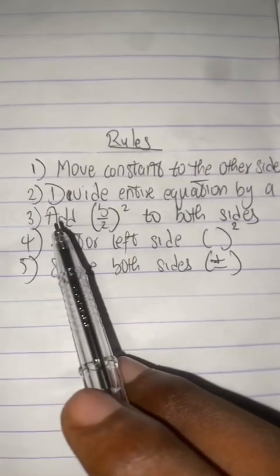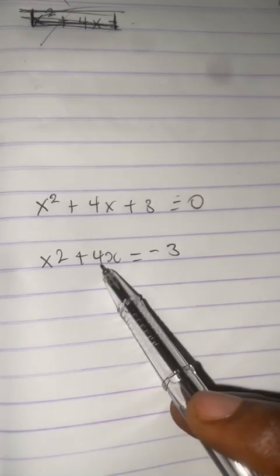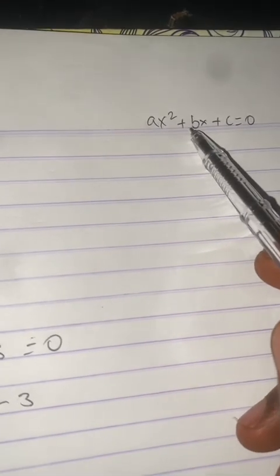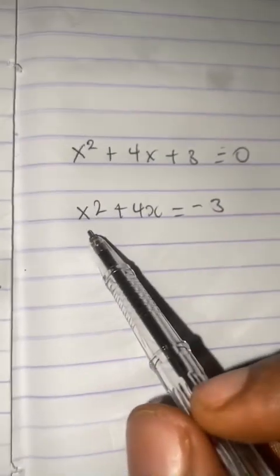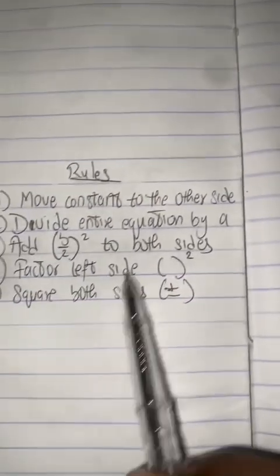The next step says add (b over 2) squared to both sides. And from our formula over here, what is b? b is 4. b is whatever comes before x. So the formula says (b over 2) squared to both sides.